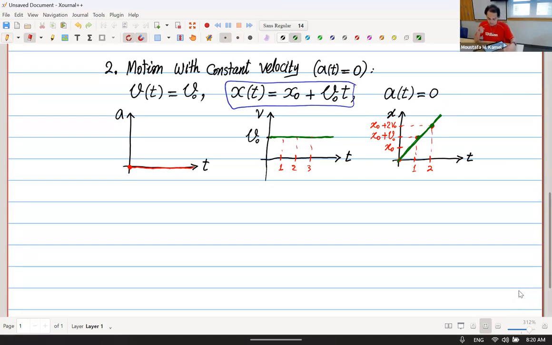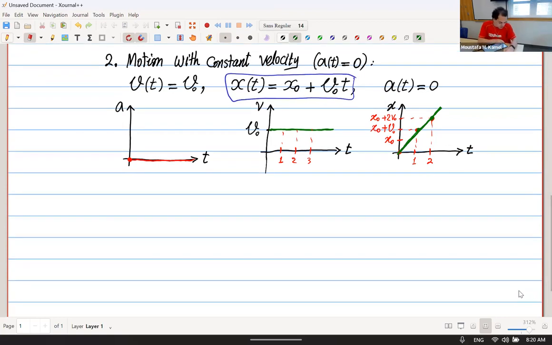This should not be surprising. If you remember from algebra, the equation for a straight line is y equal mx plus b, where m is the slope of the line and b is the y-intercept.